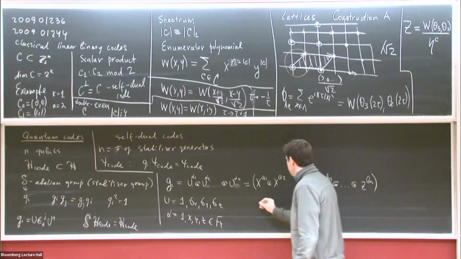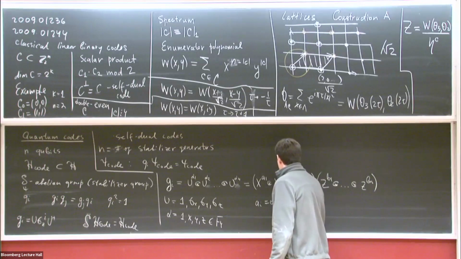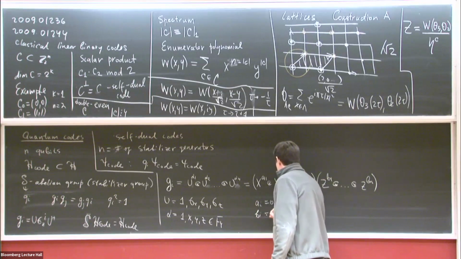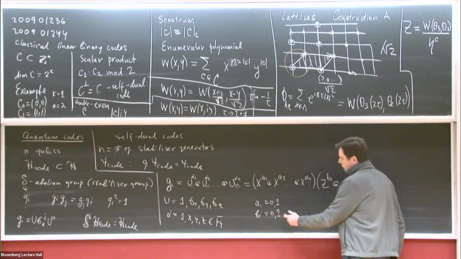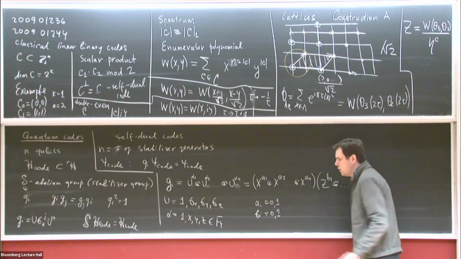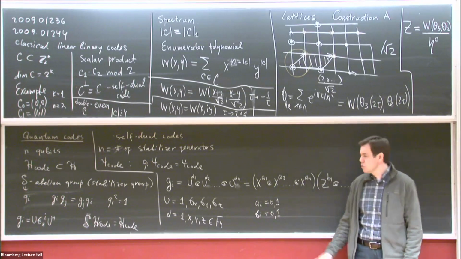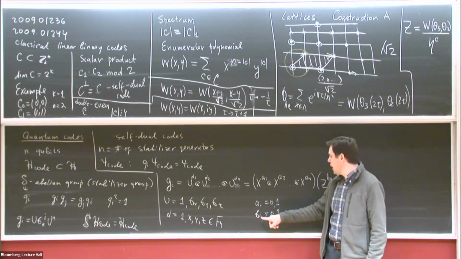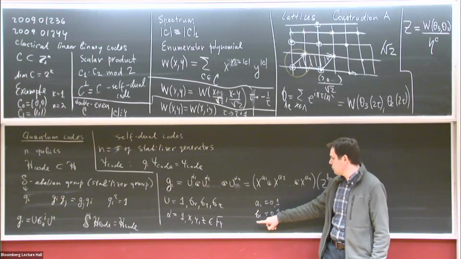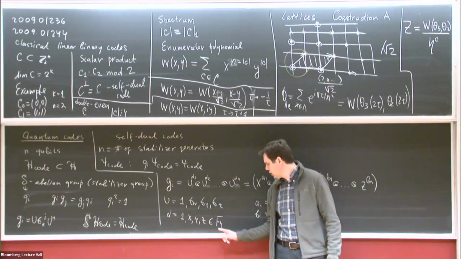And then each A could be either 0 or 1, and each B could be 0 or 1. And of course, 2 by 2 is equal to 4.